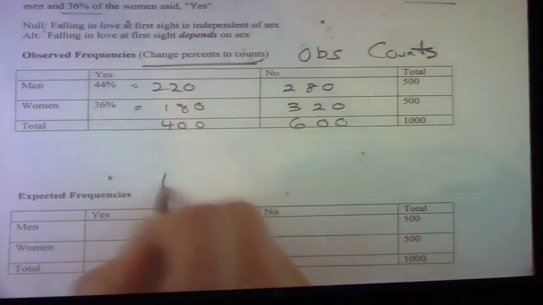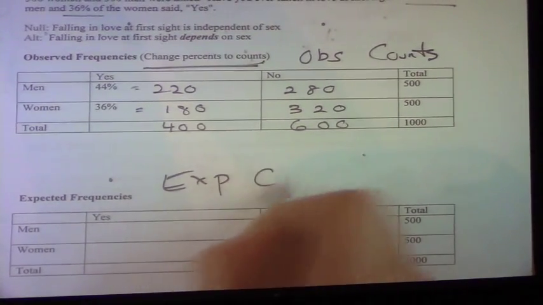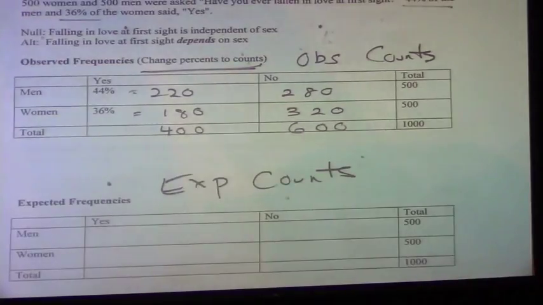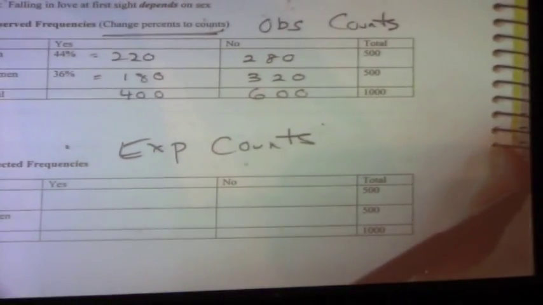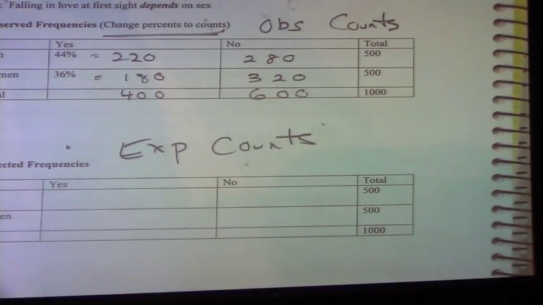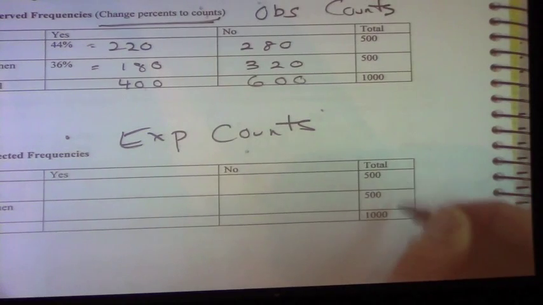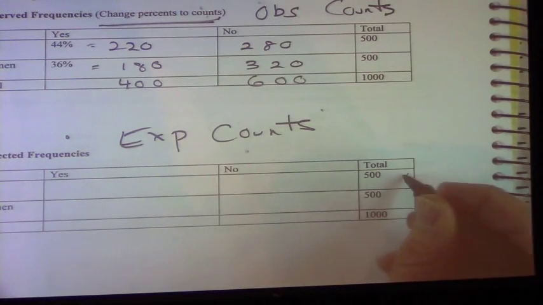We have to get our expected counts, and this time it's easy. Why? Because the null says, as you recall, that male and female are no different on this question. And the reason it's easy is because there's a 50-50 split between males and females.